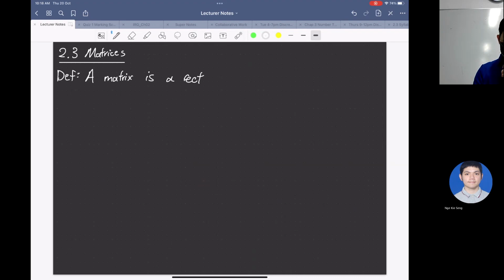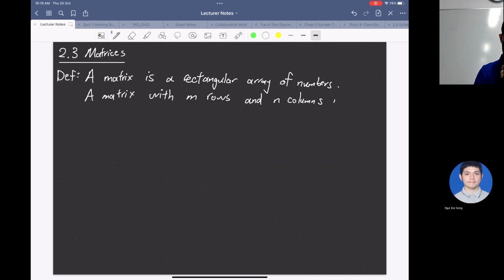So today we will touch a bit on matrices. A matrix is a rectangular array of numbers. A matrix with m rows and n columns is called an m by n matrix.